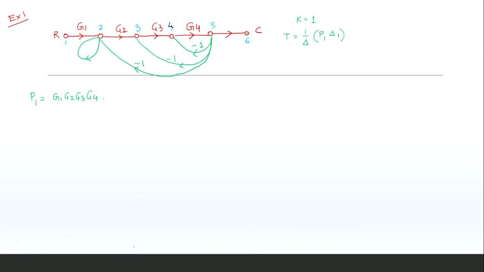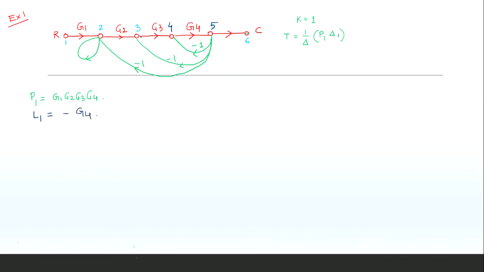This is the fourth node, this is the fifth node. The signal is going from the fourth node to the fifth node, and from the fifth node it is feeding back to the fourth node again. So I can write loop 1 as G4 into minus 1, so it is minus G4.